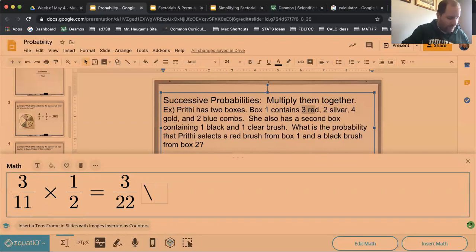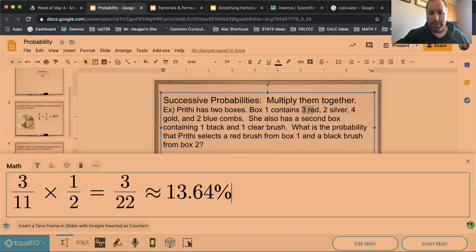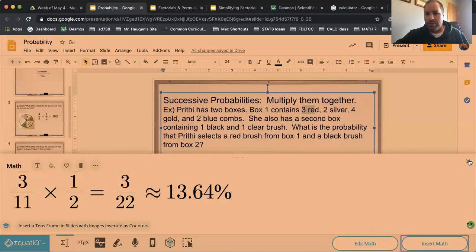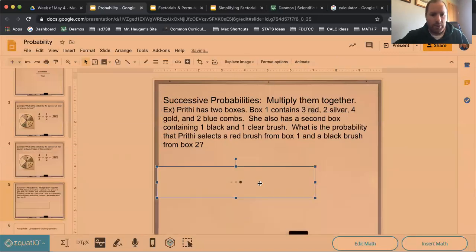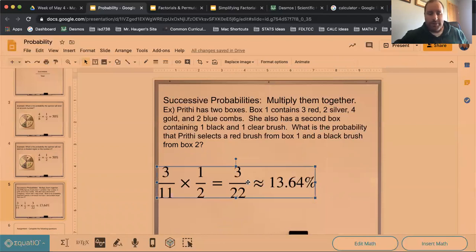It's a long decimal, so I'm going to say approximately, because I am rounding here: 13.64%. It's actually 13.3636 and so on, repeating forever. But I'm just going to round it to 2 decimal places. Two decimal places are always a good place to round to.